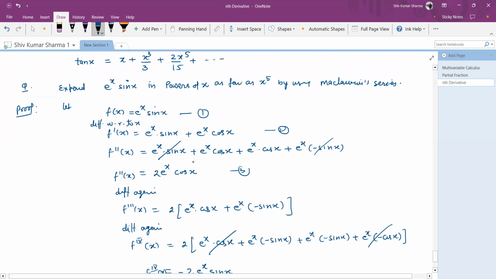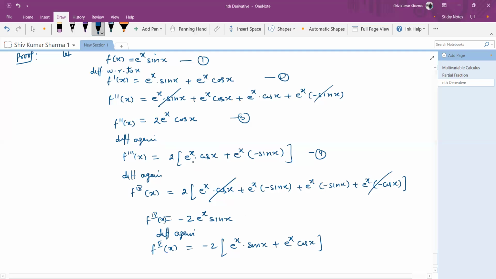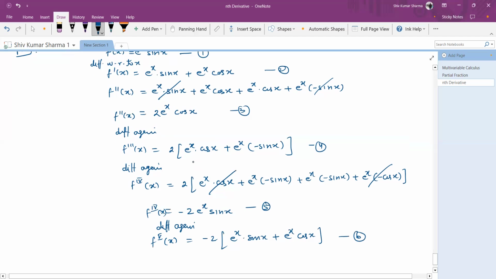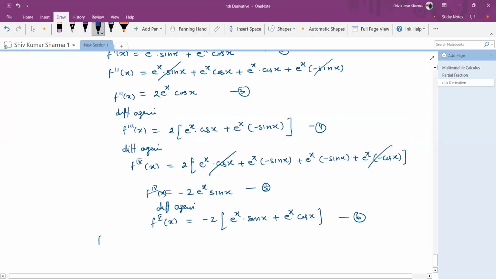This is equation number 3, second derivative. This is equation number 4, third derivative. Equation number 5 and equation number 6. So same thing we do, that means put x equal to 0 in 1, 2, 3, 4, 5 and 6.